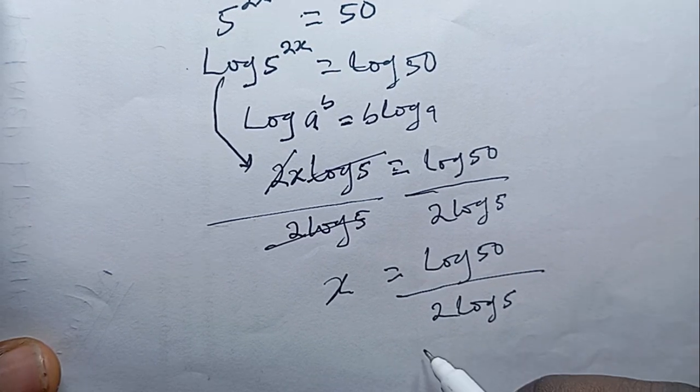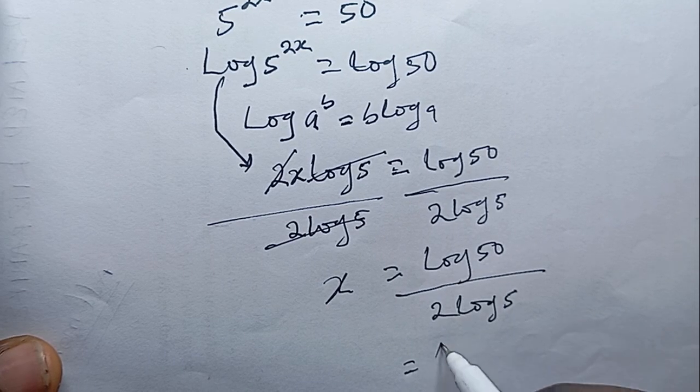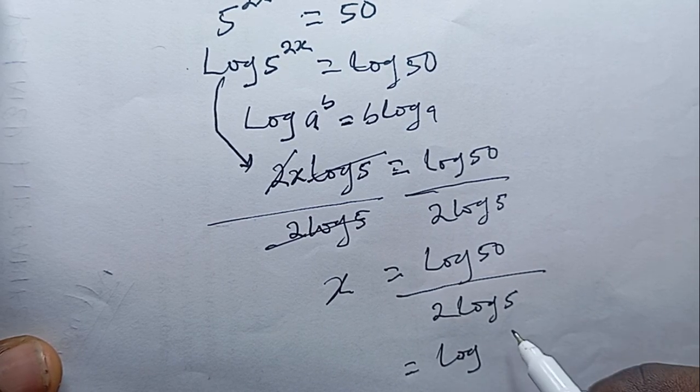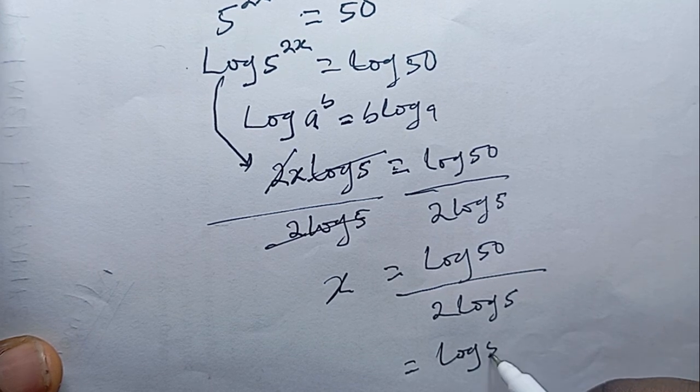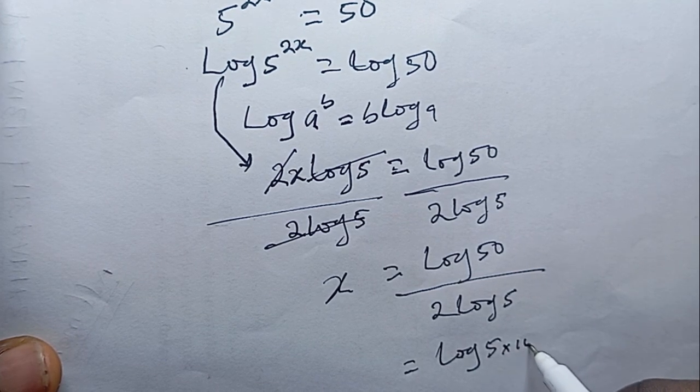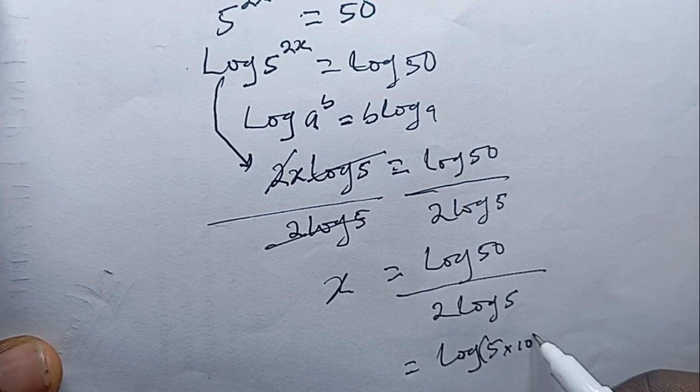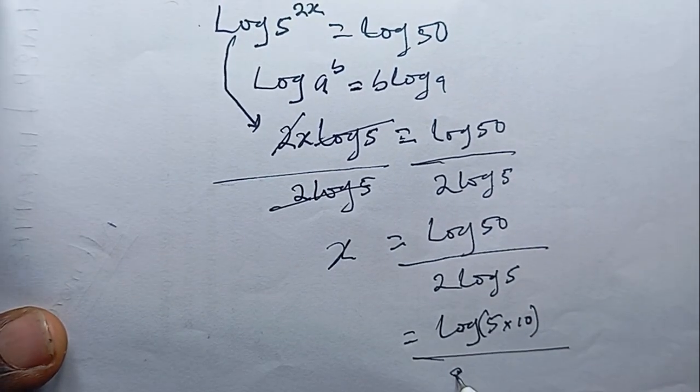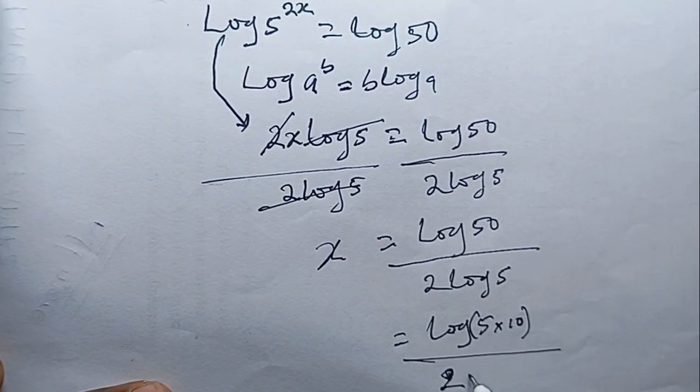Then I can also simplify this log 50 as log 5 multiplied by 10, and then divided by 2 log 5.